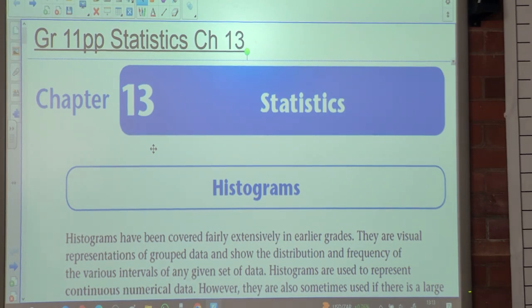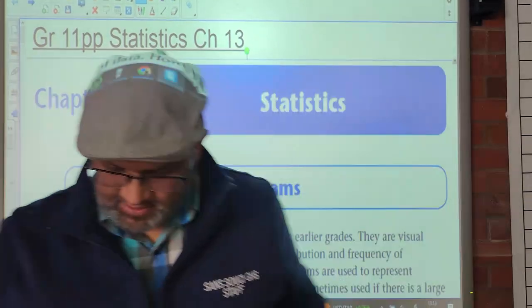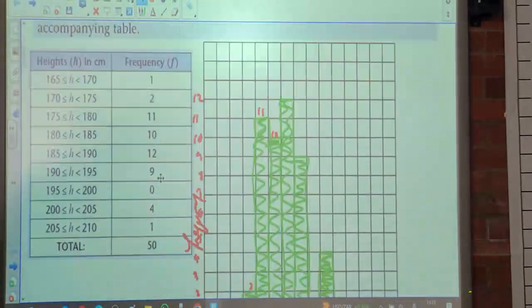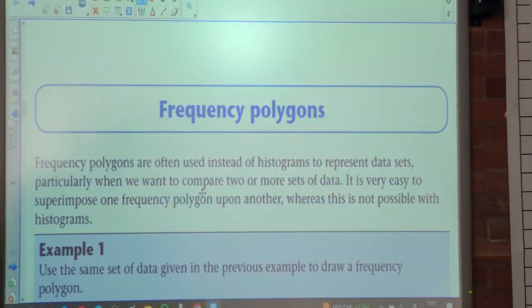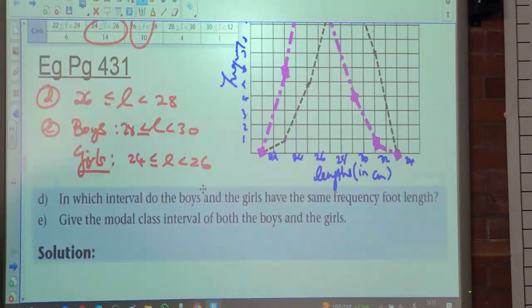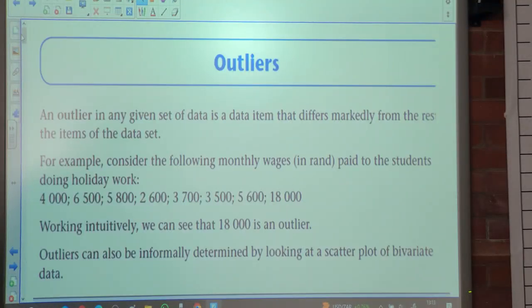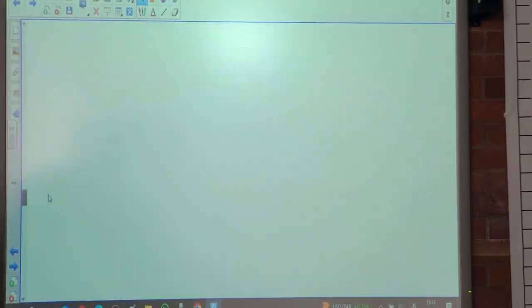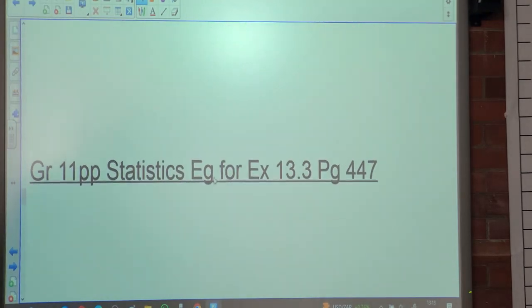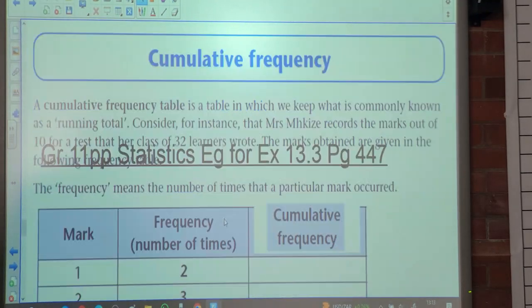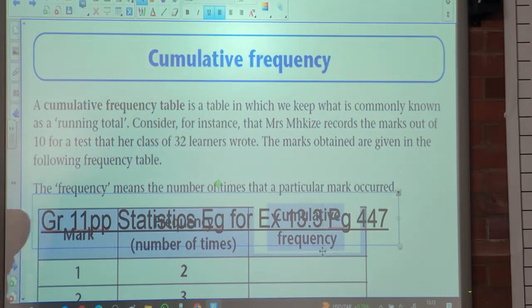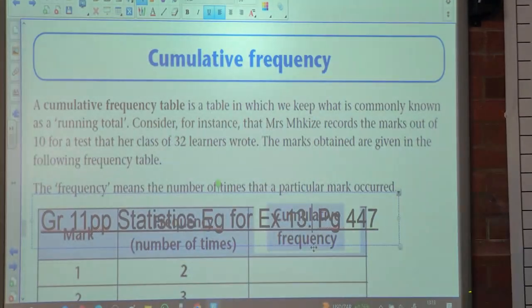So today we're looking at statistics. We're looking at the examples for exercise 13.4, and 13.4 is on page 440 or 450.